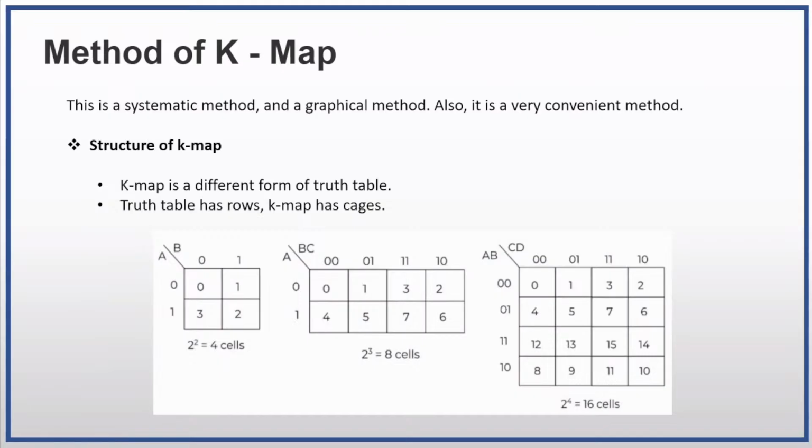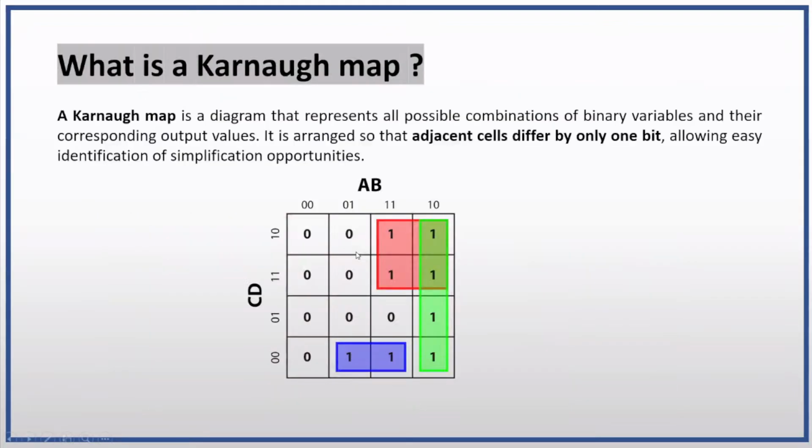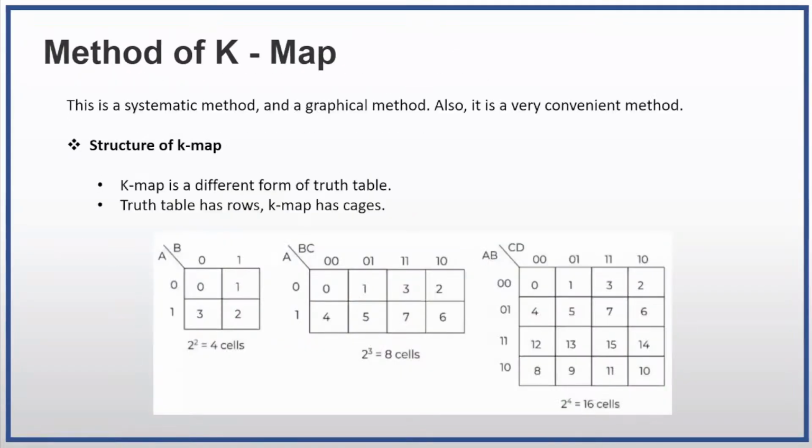So in the first image, in this slide, you can see a Karnaugh map of 4 variables or 4 inputs. So there can be 16 combinations for 4 inputs.